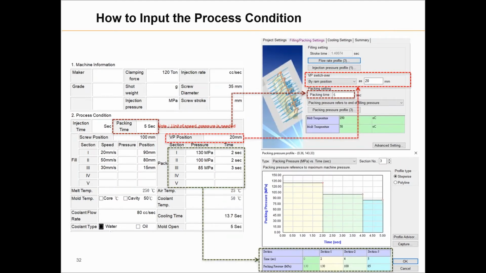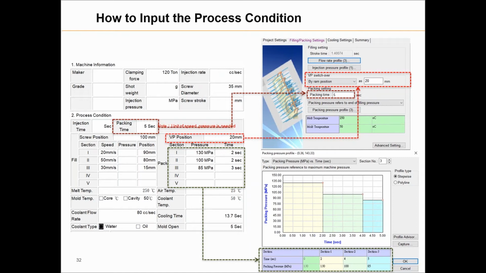Now, if you're running simulations, let's say, upfront in the design cycle, again, let's assume it's part designers who are running these simulations and they don't have a good idea of what baseline process conditions to use. So there is literature available online, and there are tips and tricks, rules of thumb that we provide.